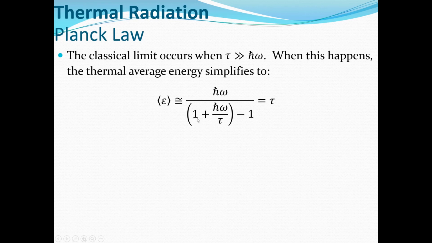This is one of the approximations that we've talked about. From here, we can already see that all this is going to simplify to tau. Basically, in the classical regime, the average energy in the system is going to be equal to the temperature.